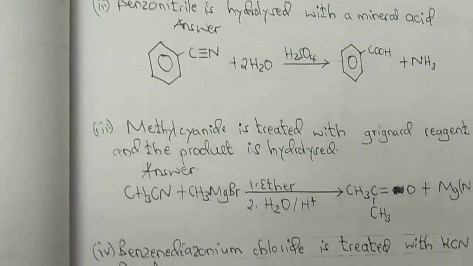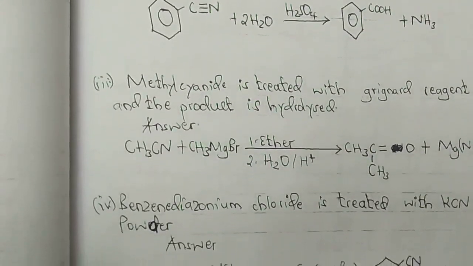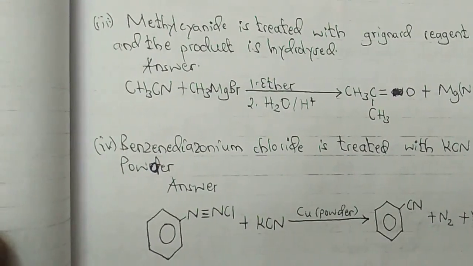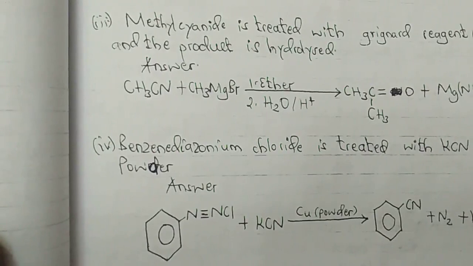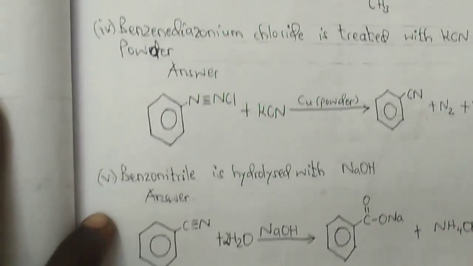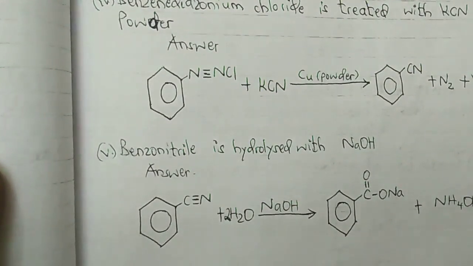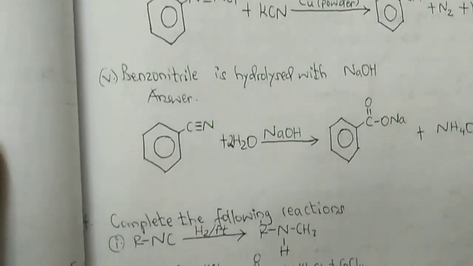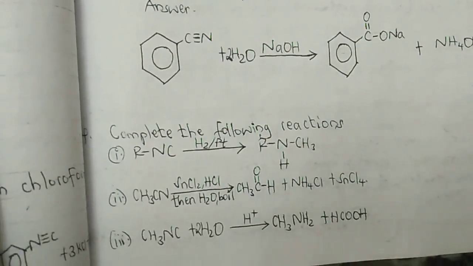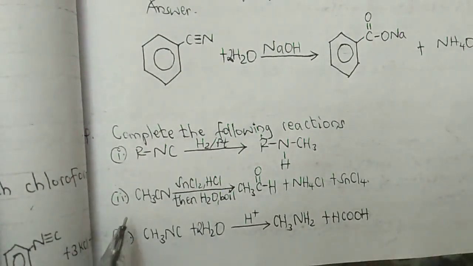Methyl cyanide is treated with Grignard reagent, ketone. Benzene diazonium chloride is treated with potassium cyanide and copper powder, tunapata aromatic cyanide. Benzonitrile is hydrolyzed with sodium hydroxide, sodium salt of carboxylic acid. Napata.